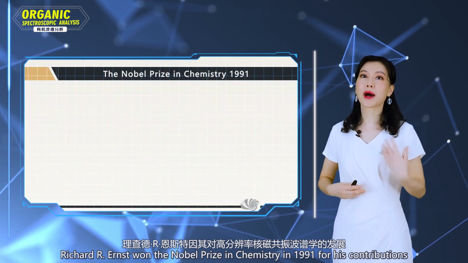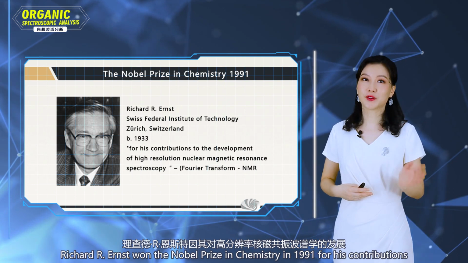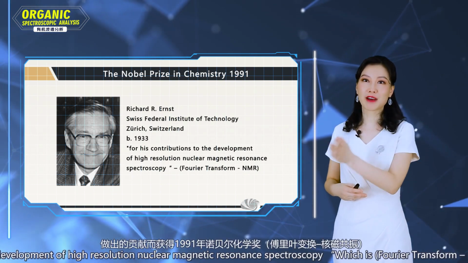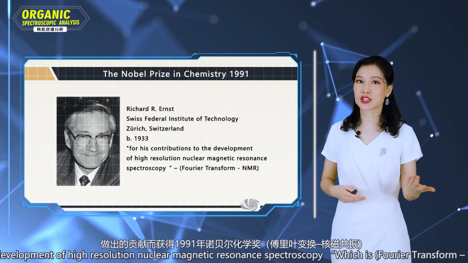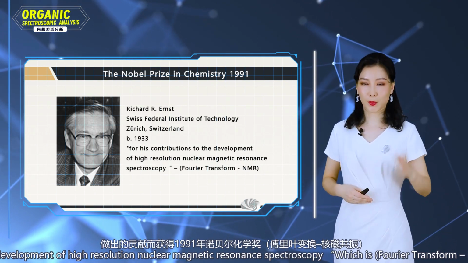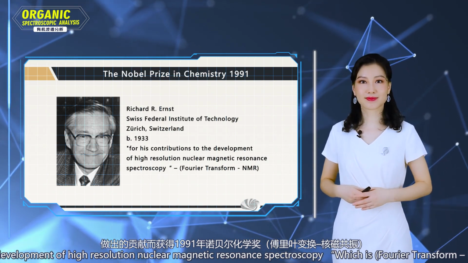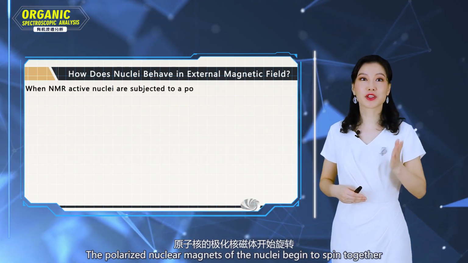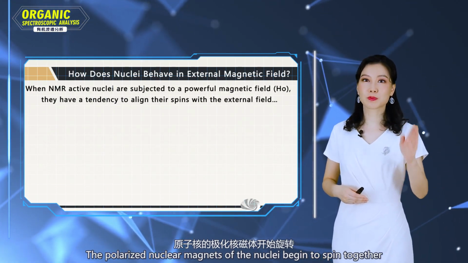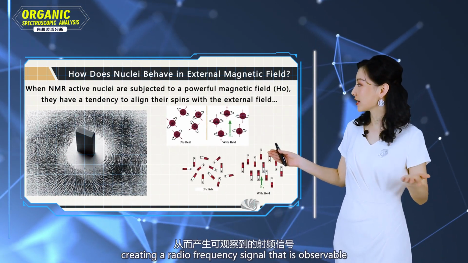Richard Ernst won the Nobel Prize in Chemistry in 1991 for his contribution to the development of high-resolution nuclear magnetic resonance spectroscopy, which is Fourier transform NMR. The polarized nuclear magnetization of the nuclei begin to spin together, creating an observable radio frequency signal.